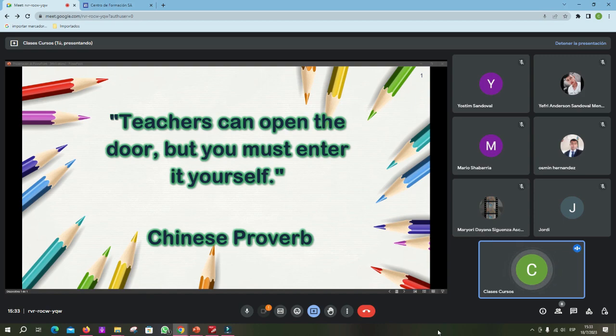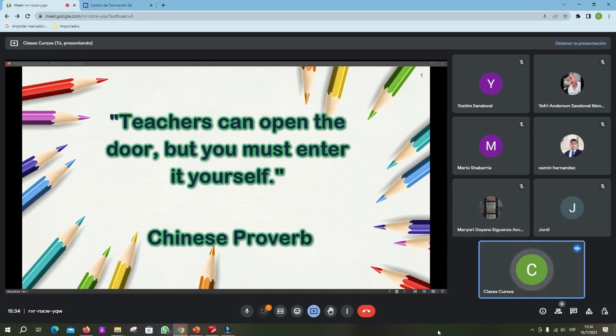I can open the door for you, but if you don't want to enter, if you don't want to learn English, if you don't want to participate, you're not going to learn. But I give you the opportunity. But it depends on you to come in, right? To participate, to share your opinion, to learn English, right? So you can take that into account.